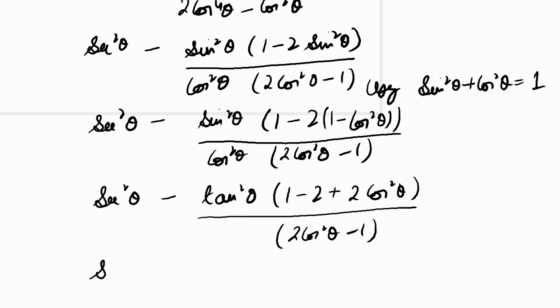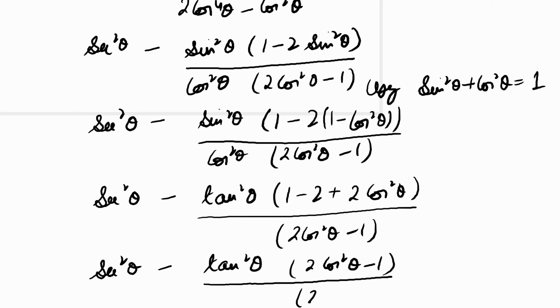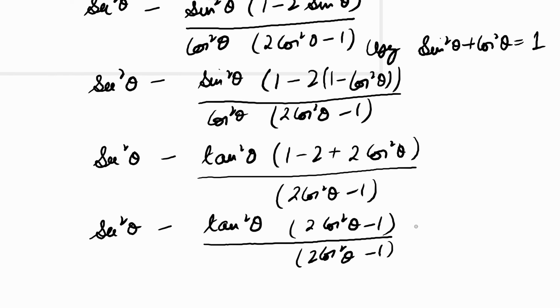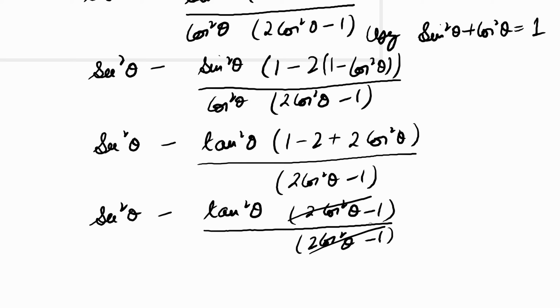I can write down sec square theta minus tan square theta times 2 cos square theta minus 1 upon 2 cos square theta minus 1. Now this will cancel out and I will get sec square theta minus tan square theta. This is equal to 1.